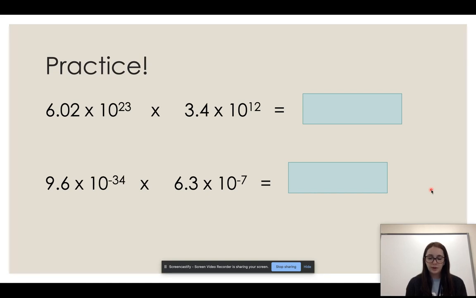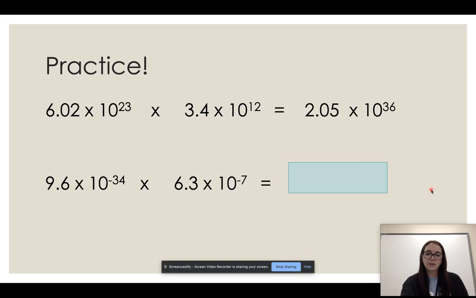You are going to multiply it with 3.4 times 10 to the 12th. When you are ready, pause this video. If you're not ready, unpause it. The answer that you should get is 2.05 times 10 to the 36.